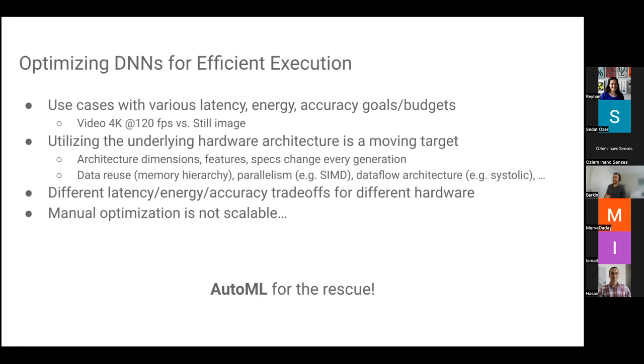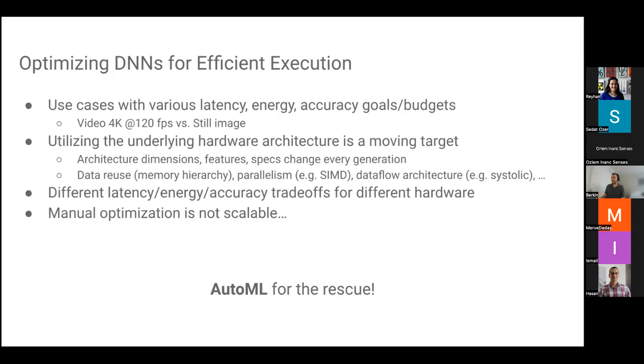And there are these concepts that I mentioned: data reuse, parallelism, data flow architecture to optimize for. So basically the point here is that it is possible to optimize if you're aware of all the metrics and underlying architecture concepts and the budgets, the targets that you have. But doing this manually is very challenging.